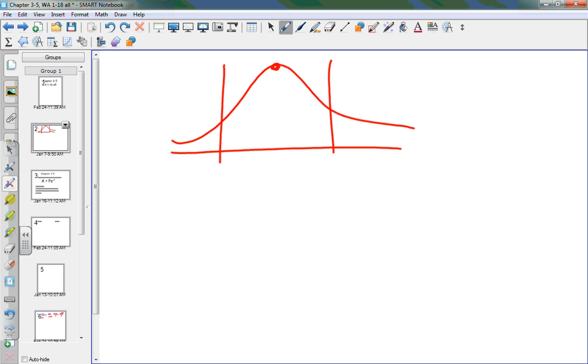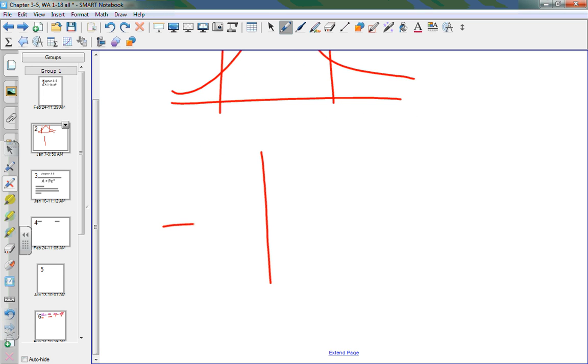Okay. Now, the next one would be called the logistics model. The logistics model, something that looks like that. The logistics model is a pretty cool function.